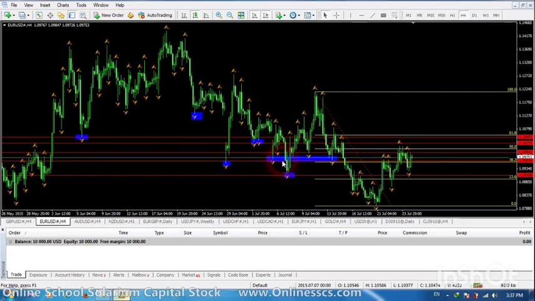Locate the pivots in the past of the market and trade based on them to see how well they perform and work out. We're going to use these pivots until the last session of our lessons, and I myself use these pivots all the time.